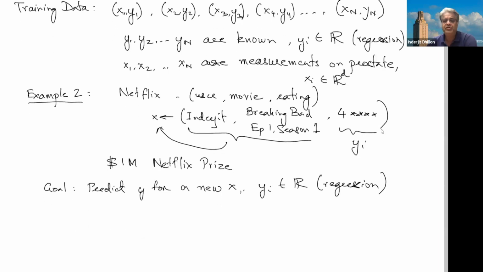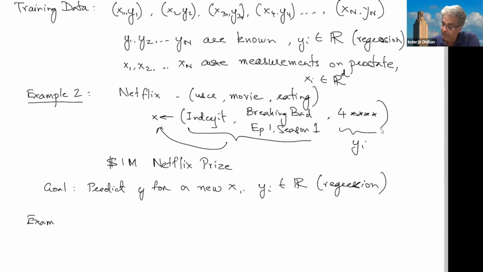Okay. I mentioned a couple of times this yi belongs to R, or a real value. Well, what are cases where the yi's might not belong to a real value, right? So for example, spam prediction is a problem.